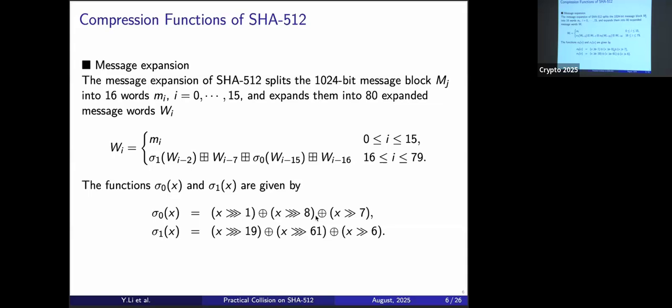The message expansion of SHA-512 splits the 1024-bit message block M into 16 words M_i, i from 0 to 15.